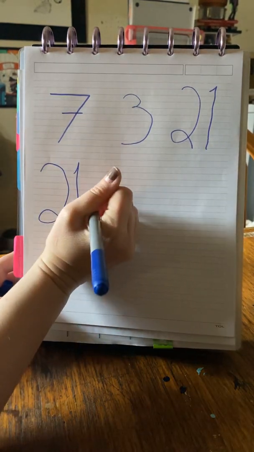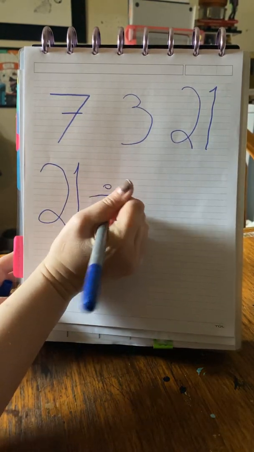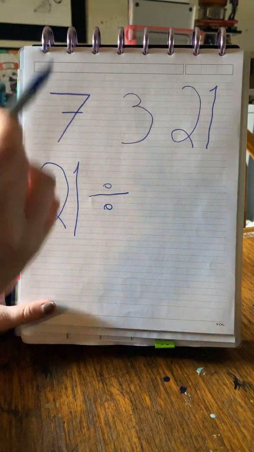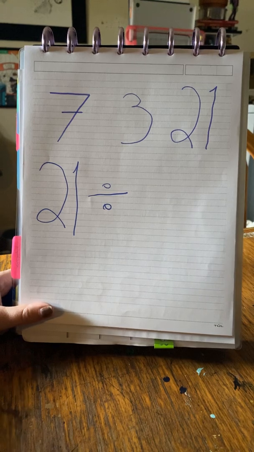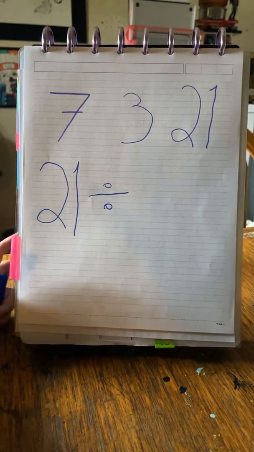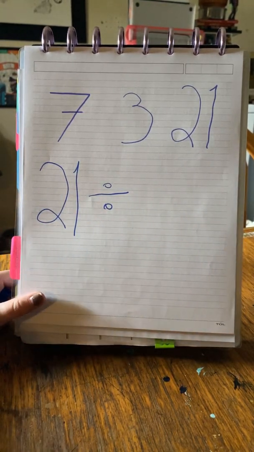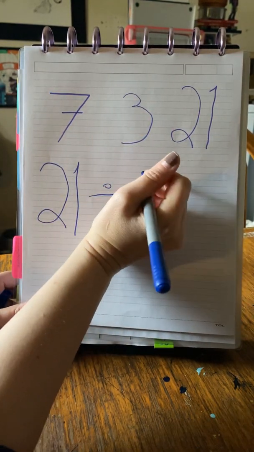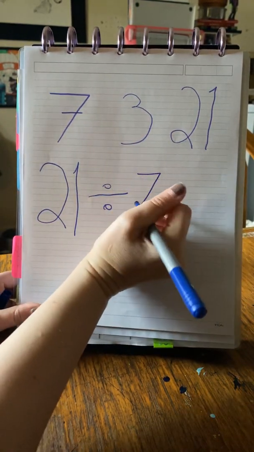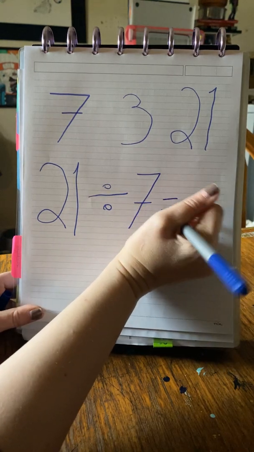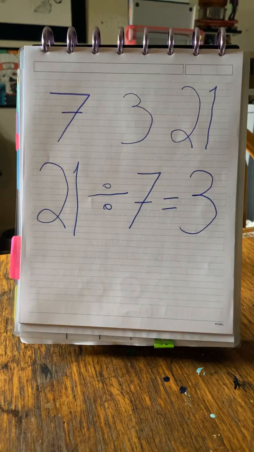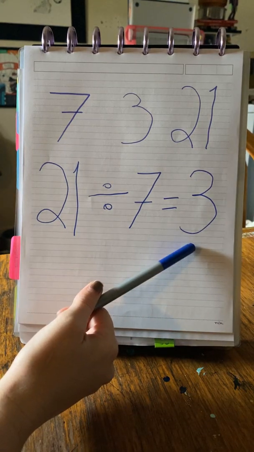And then we're going to put in our division sign. Now, our divisor could be 7 or it could be 3, and our quotient could be 7 or it could be 3. So, in this particular case, let's choose 7 for our divisor. We're going to put in our equal sign, and 3 is going to be our quotient.